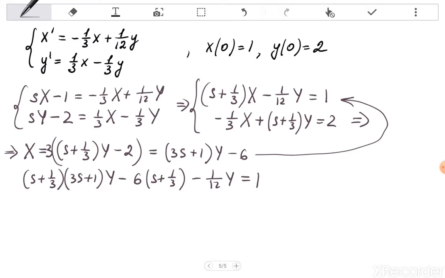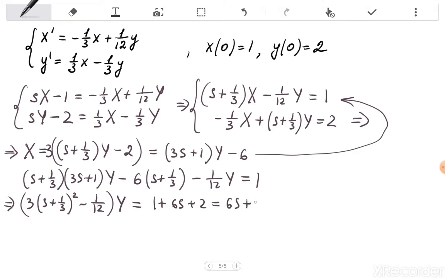What do we obtain here? This is in fact (3s plus 1)(s plus 1 over 3) minus 1 over 12y. And on this side we have 1 plus 6 times this one plus 6s, and when we add this one we get 2. So this is in fact 6s plus 3.